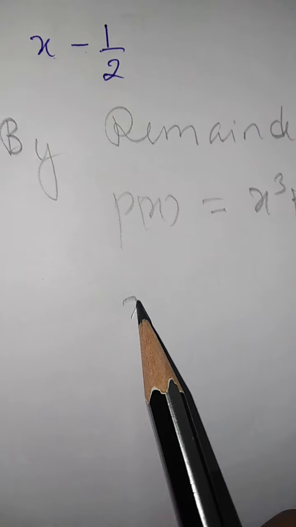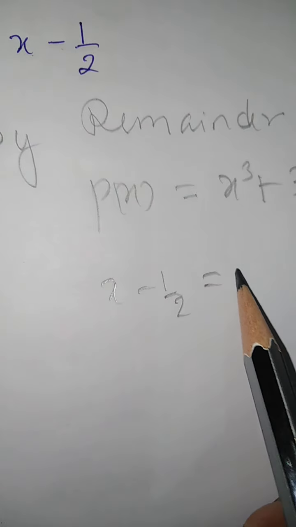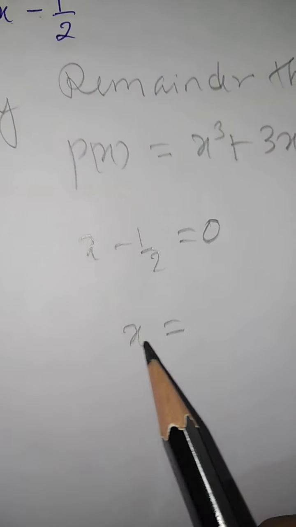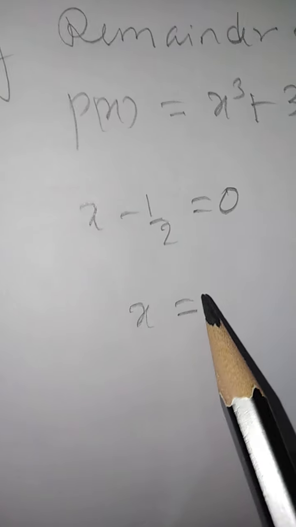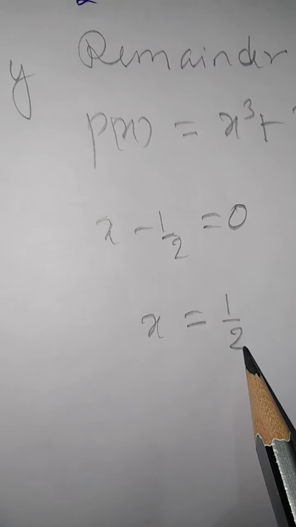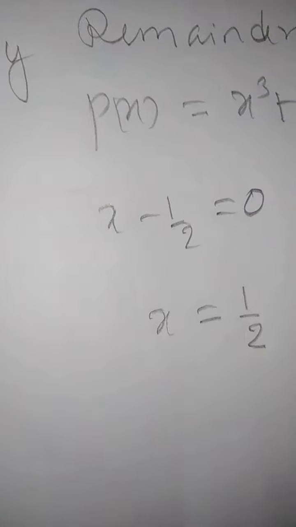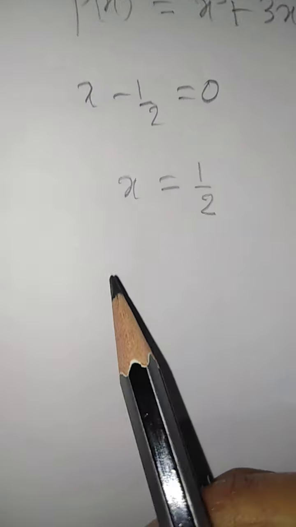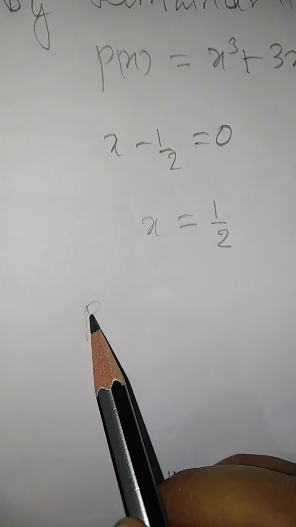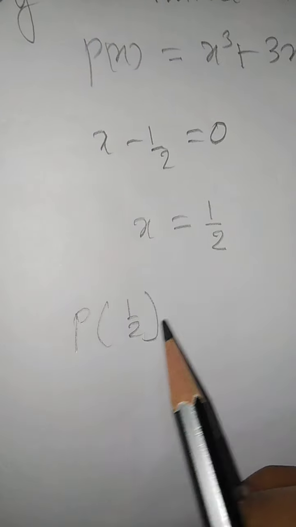Now let's find out the value of x from here. x minus 1 by 2 is equal to 0. Now x is equal to 1 by 2, when we take it to the other side. Is it clear, students?